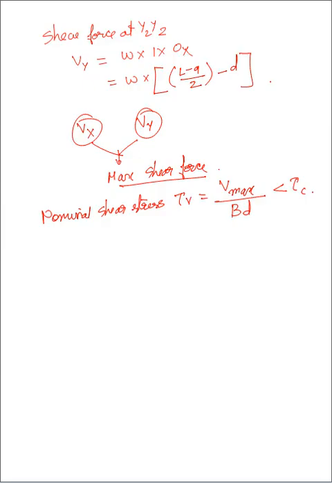Okay, so don't worry. Even if you see, this formula is given in IS 456. So tau C is your permissible design shear strength of concrete.